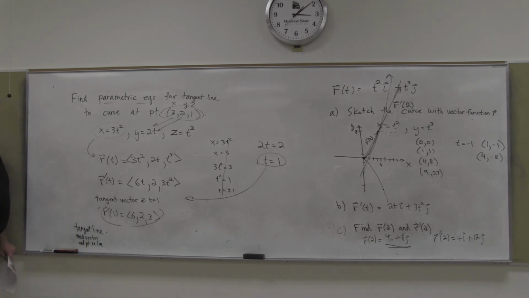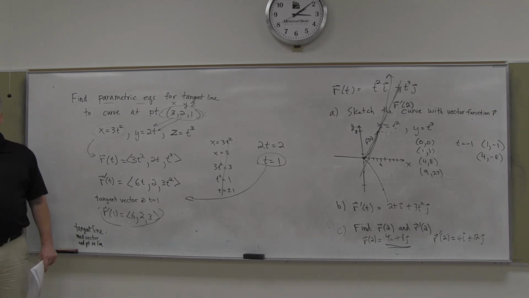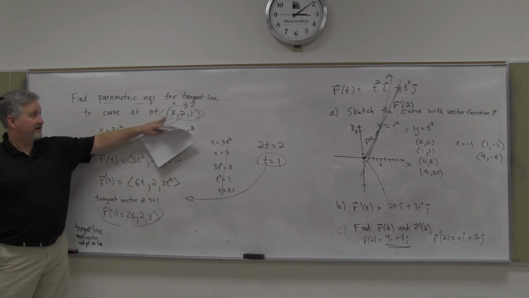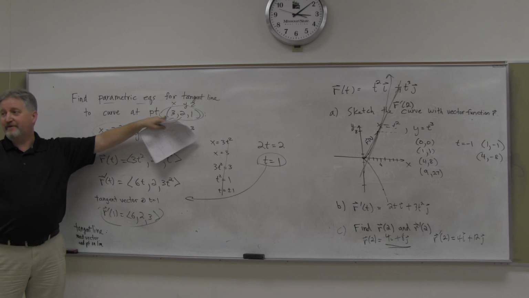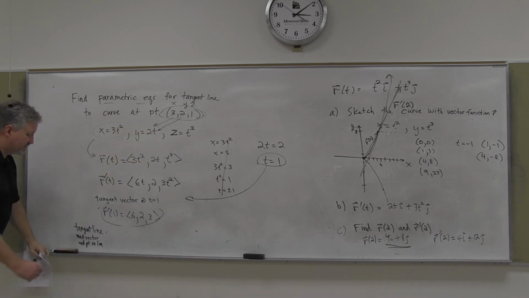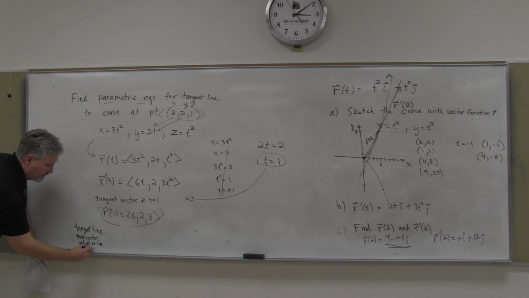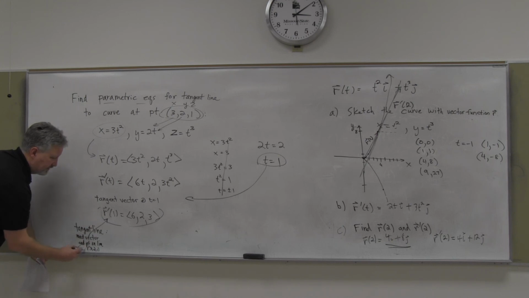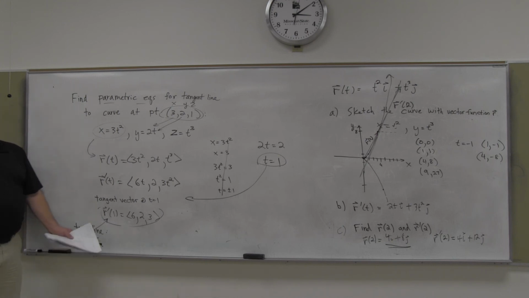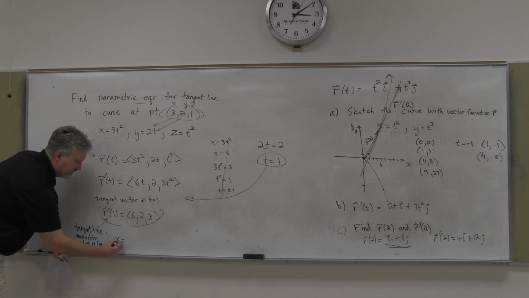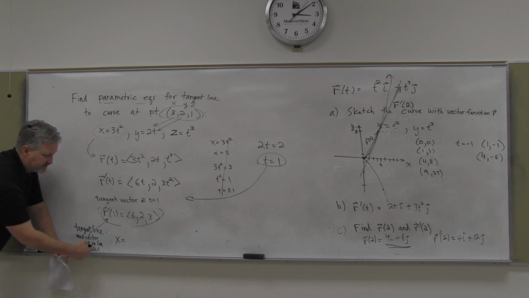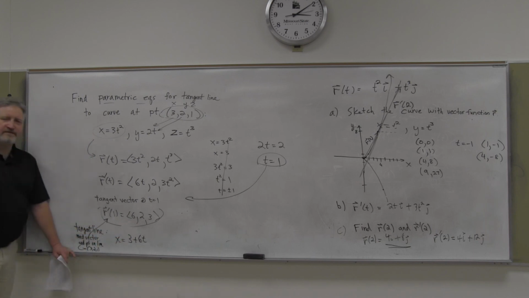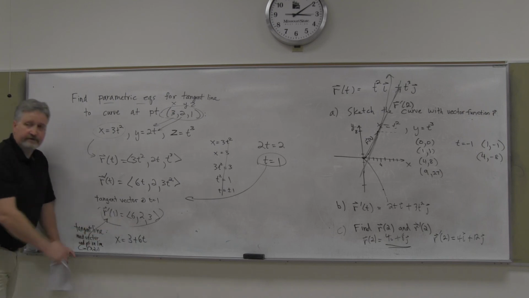Well, it just so happens I have a nice handy point available, don't I? Because if we're tangent to this curve at this point, that's going to be a point on the line, right? So 3, 2, 1 is our point on the line, and that's our vector. And so then remember how you put that together. The x equals your point's x value plus the x component of the vector times t.